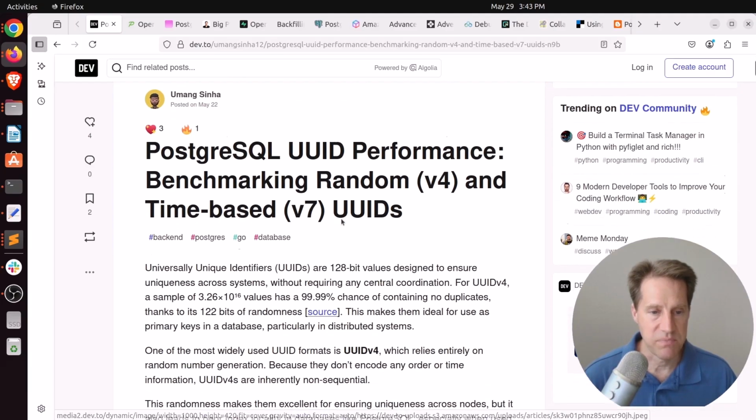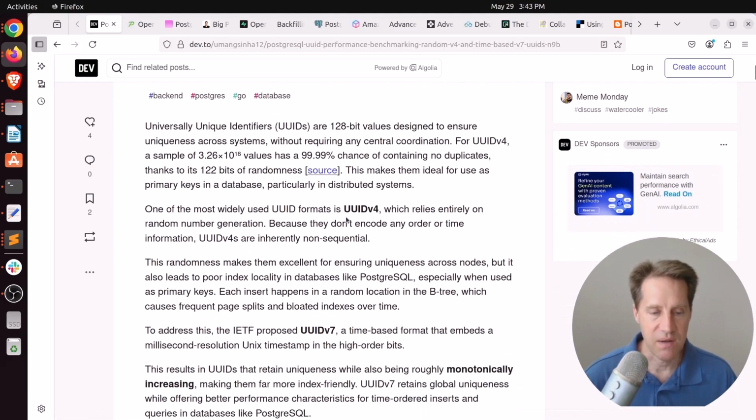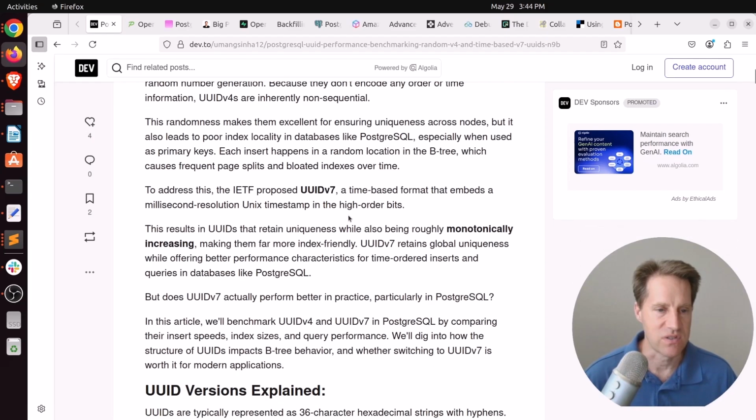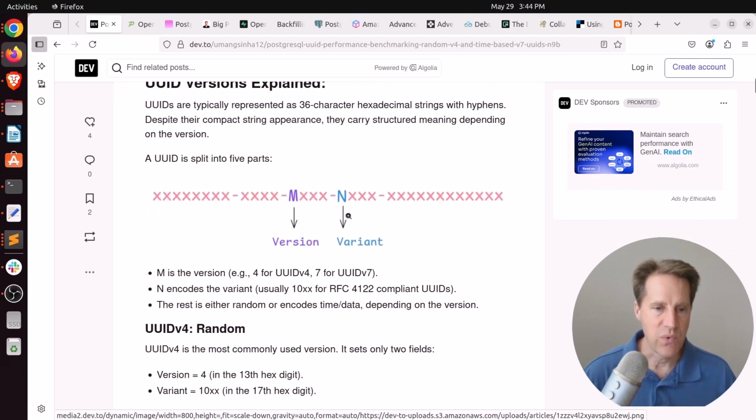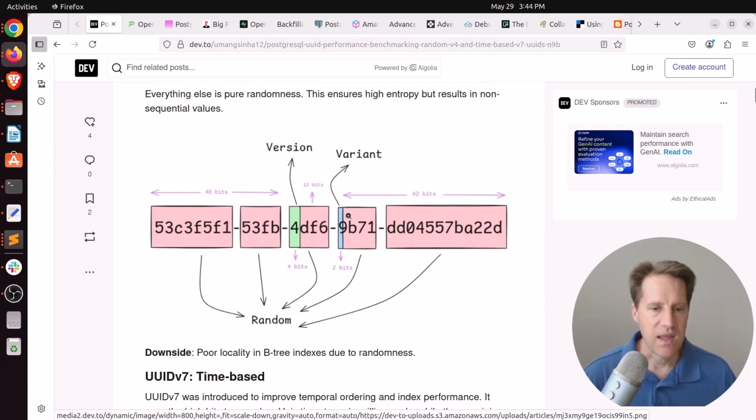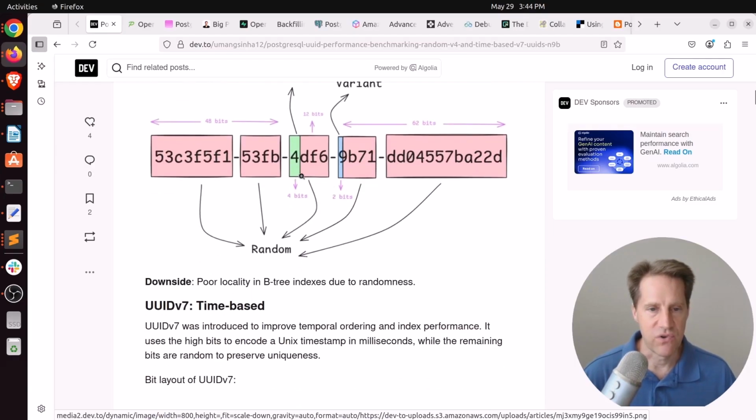Now, this blog post is quite long, but it is very comprehensive, talking about the reasons why UUID version 7s are better than version 4s in terms of performance, and then also doing a detailed benchmark showing you the actual performance differences. So first he explains UUIDs and their different versions, and basically the random UUID version 4 has most of its bits dedicated to randomness.